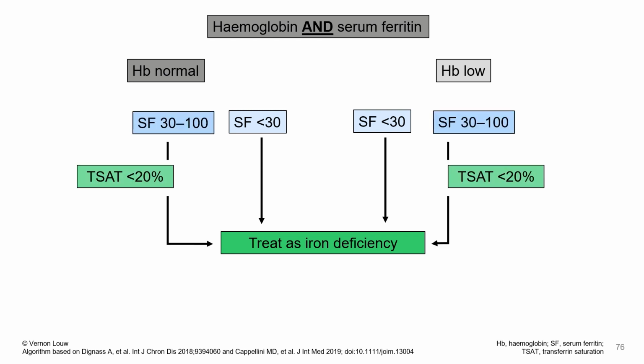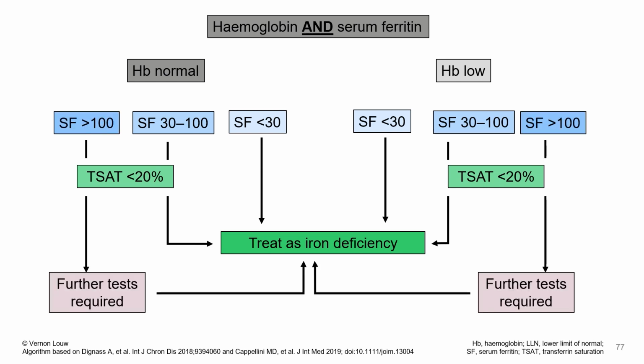If the patient has a ferritin between 30 and 100 and the saturation is less than 20, you can also treat as iron deficiency, independent of whether the hemoglobin is normal or low. But if your serum ferritin is more than 100 and the saturation is less than 20, you may need more specialized tests and perhaps the help of your hematologist to make a diagnosis.